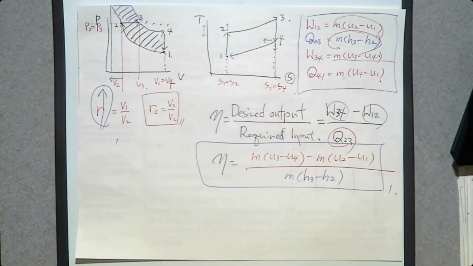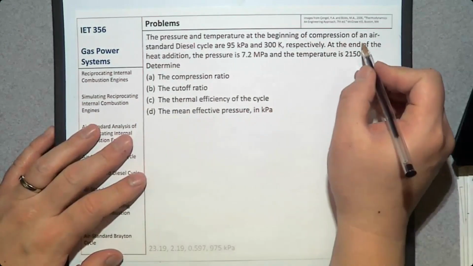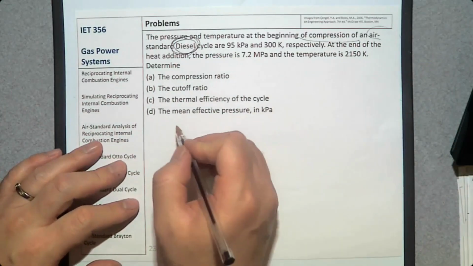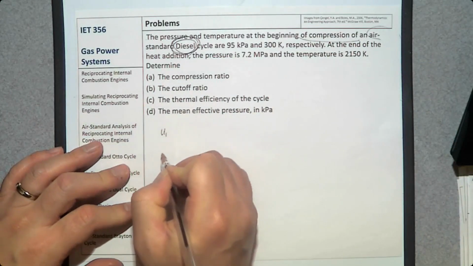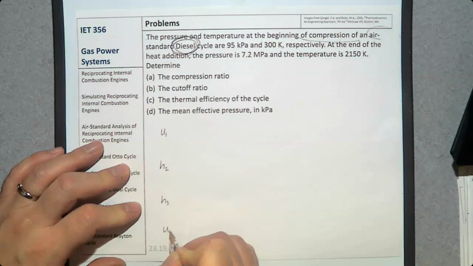One unique thing in this cycle is H2 and H3, because in the Otto cycle, we only focused on specific internal energy U, but this time we have H. So the properties that we need to find for the air standard diesel cycle are U1, H2, H3, and U4.